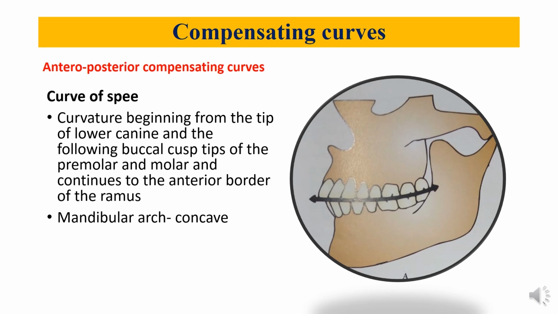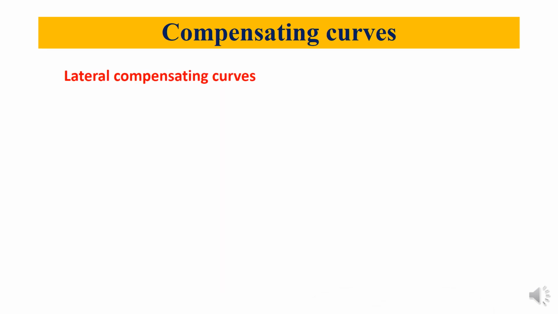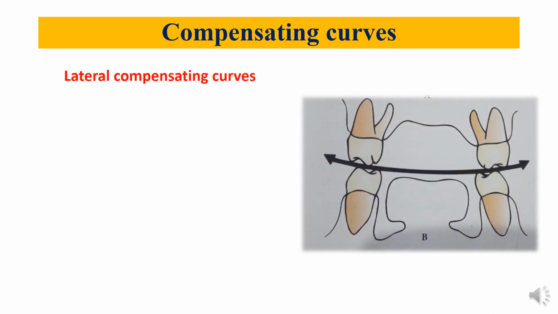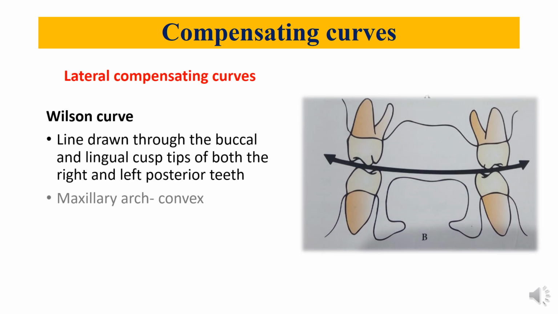Now in the mandible it is concave and in the maxillary arch it is convex in shape. Next we have the lateral compensating curves, and among them we have Wilson's curve. So what is Wilson's curve? It is a line drawn through the buccal cusp tip and the lingual cusp tip of both the right and the left side.